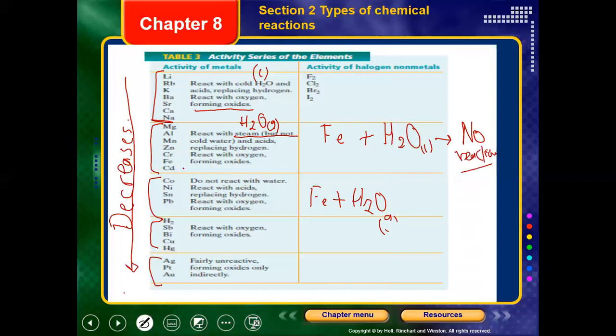Because any element from this series, when it reacts with water, the water must be in gas state, not in liquid state.